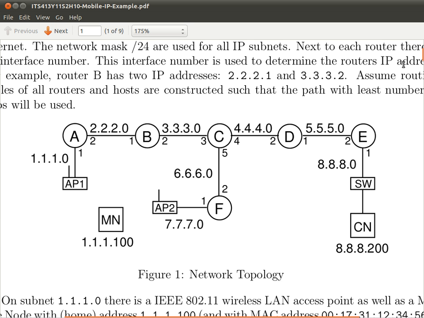Again, we think of this as the correspondent node now. The mobile node is corresponding with this other node on the internet.